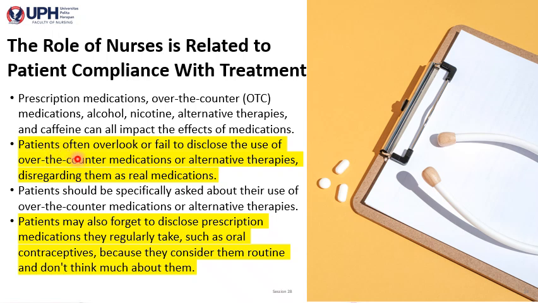And then sometimes patients fail to mention to us what OTC medication or alternative therapy they are using, and they dismiss the real medication. And then you can also ask the patient about OTC medication, so that we really know what they are doing with their health.